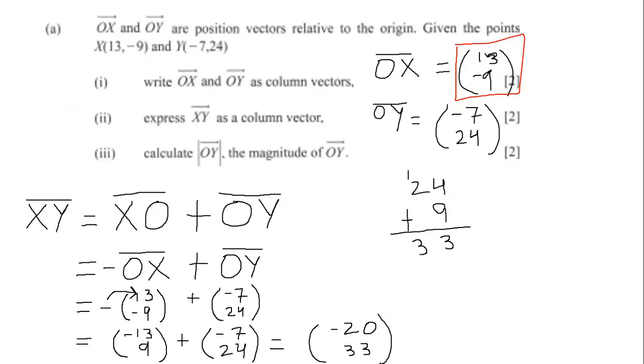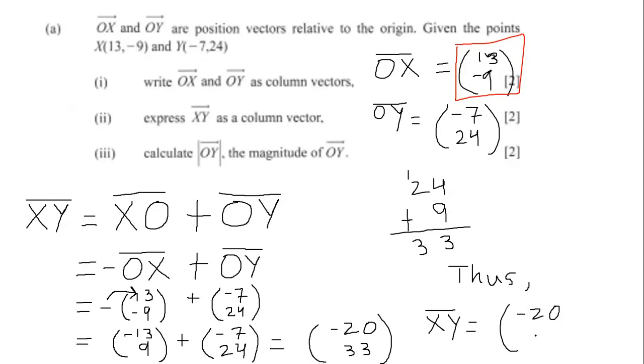So thus, the vector xy is actually equal to negative 20 and 33.